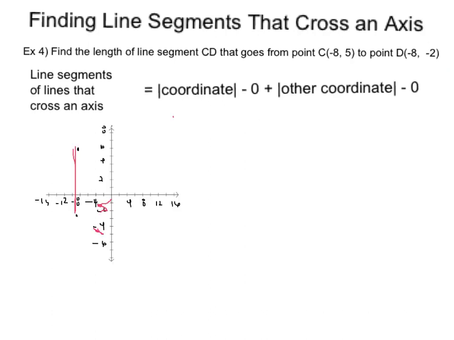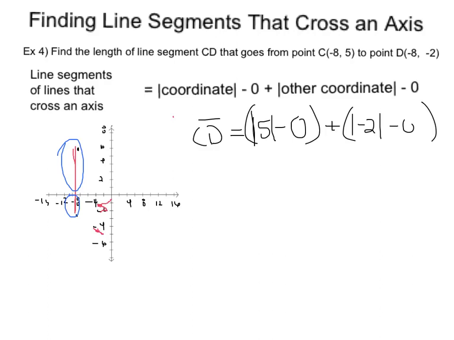Here I have my line segment. Not very pretty, but it's my line segment. What I'm going to do is find the length of this part, and add to it the length of this part. Because my line segment is crossing the x-axis, I need to add the part that's above the x-axis and the part that's below the x-axis. It's actually a lot less complicated than it might sound.